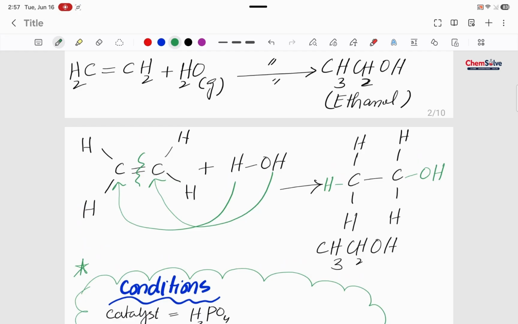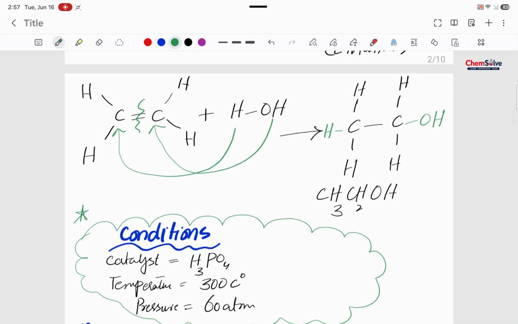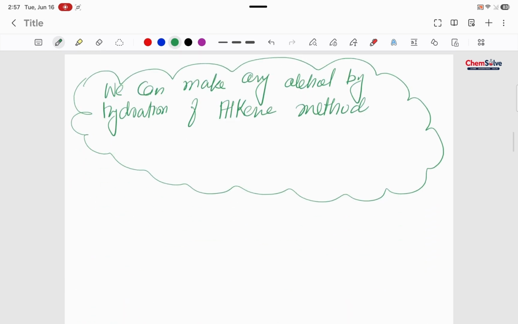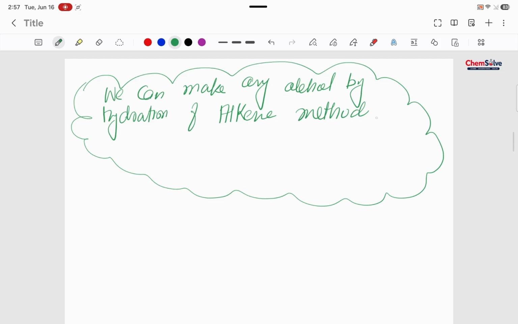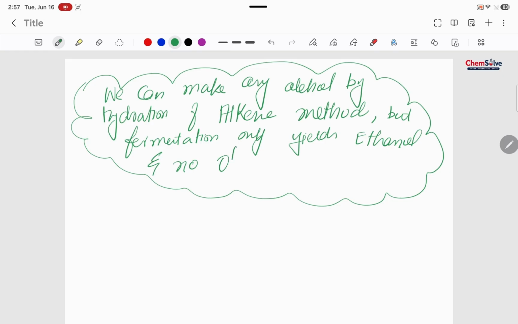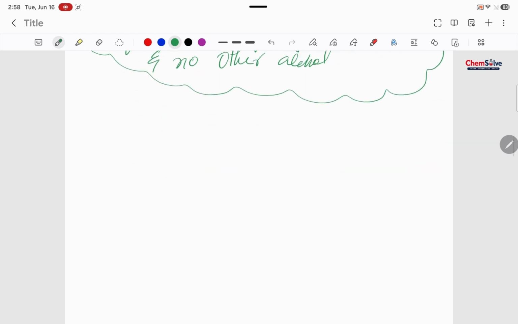The number of carbon atoms present in the alkene will determine the number of carbon atoms present in the alcohol. So we can make any alcohol by using this method, but fermentation only yields ethanol and no other alcohol. This is a very important point to remember.